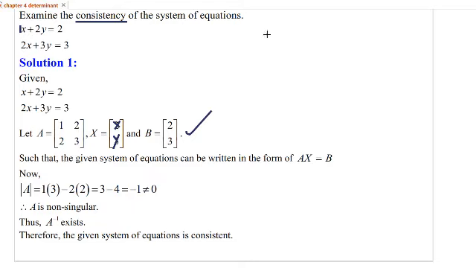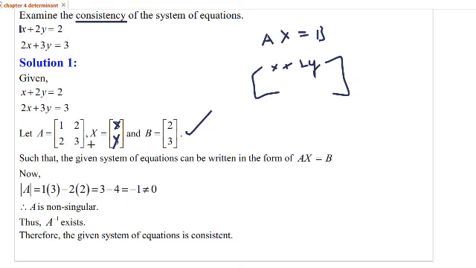Now the next thing you can notice is that when we multiply A with X, it is equal to B. Why am I saying so? If you multiply A with X, what will you get? 1x plus 2y.